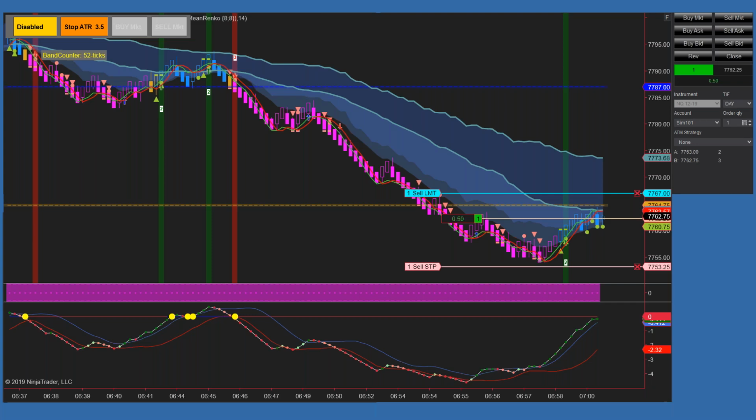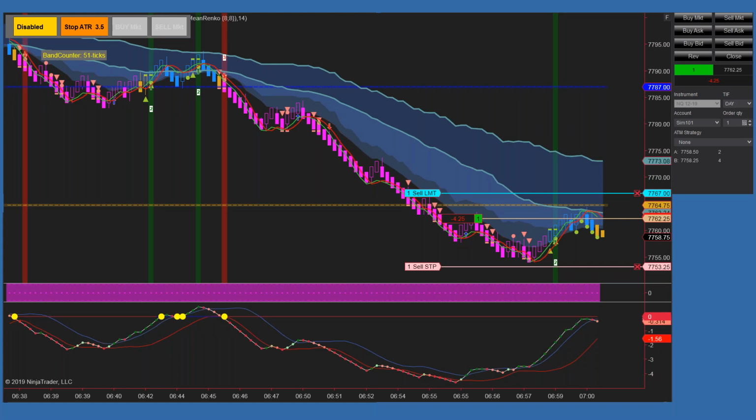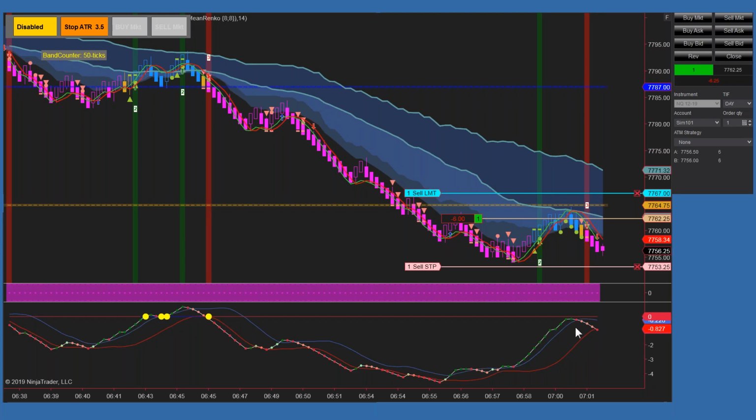A little bit neutral. The line's kind of even right now. Oops. Okay. Now we're getting the cross, and we should be looking to short. So it looks like the trend is trying to push back at this point.